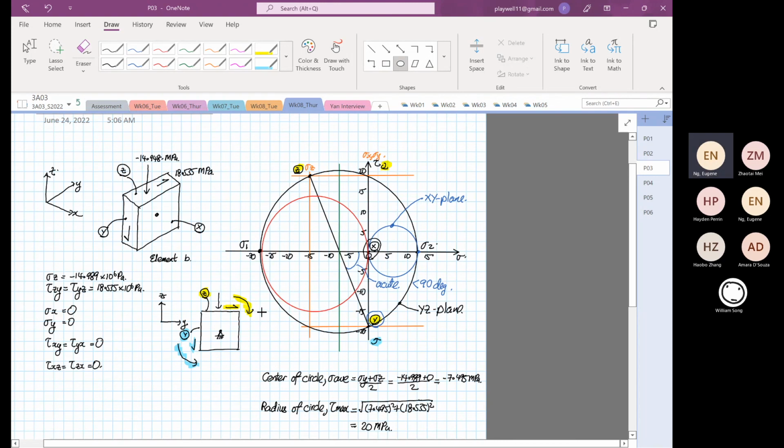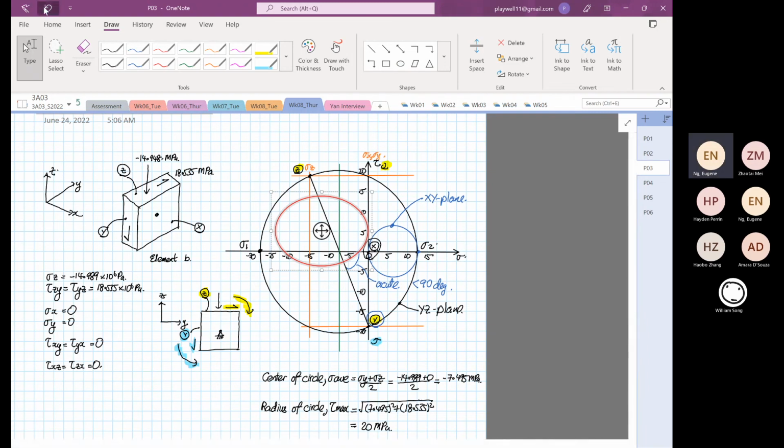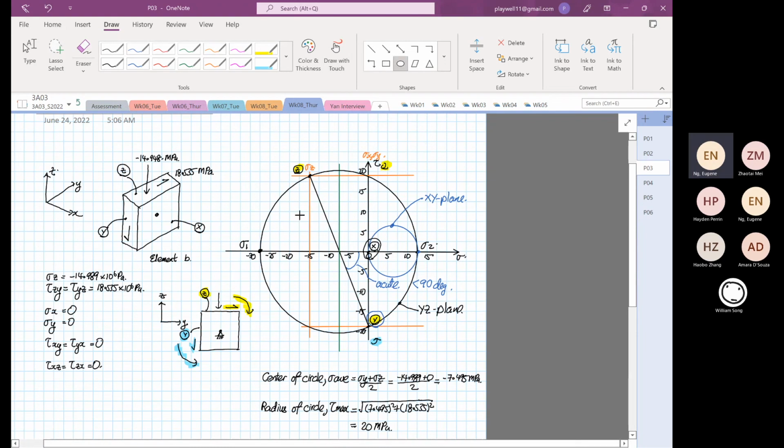I probably got something wrong over here, let me count again. 2, 4, 6, 8, 10, 11. 11 divided by 2 is 5.5.